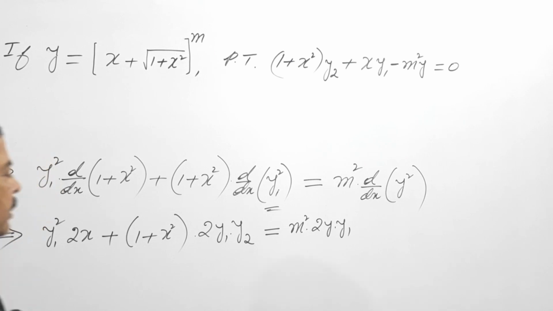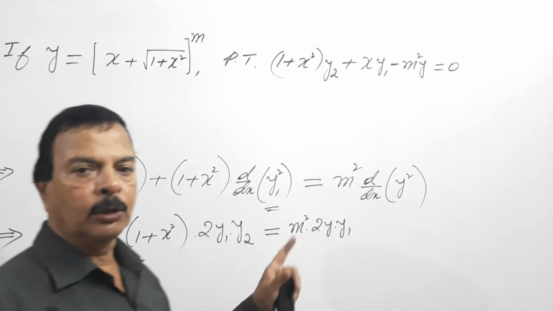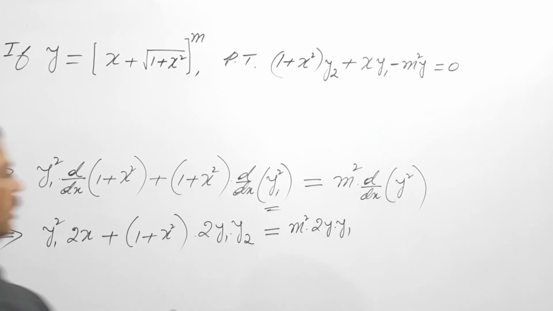Now what I will do is divide throughout by 2y1. I call this equation 3.